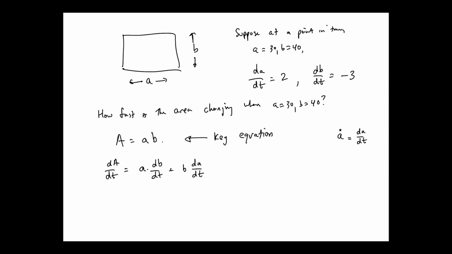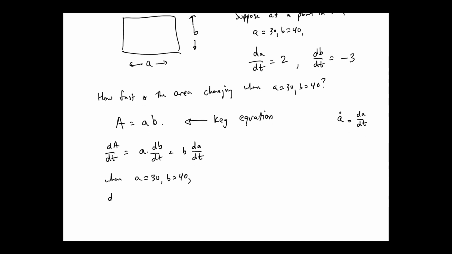Yes. So when A equals 30 and B equals 40, dA dt is 30 times negative 3 plus 40 times 2. I'm just substituting in the stuff that we had.